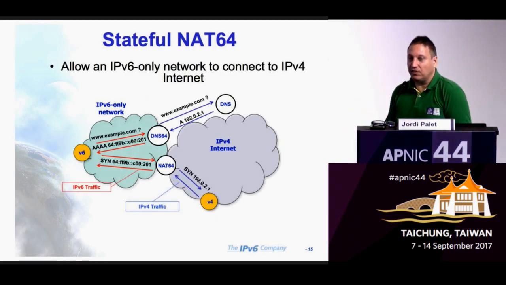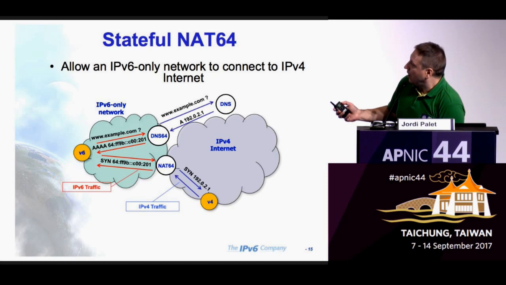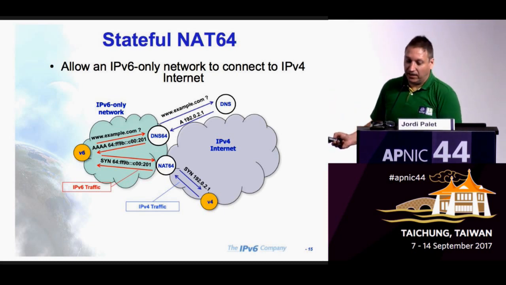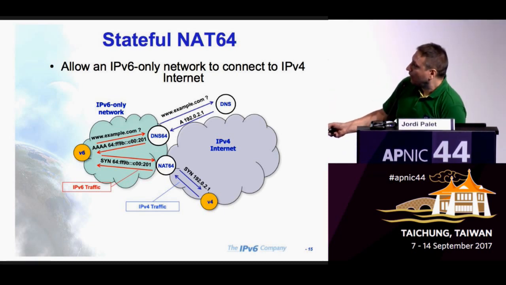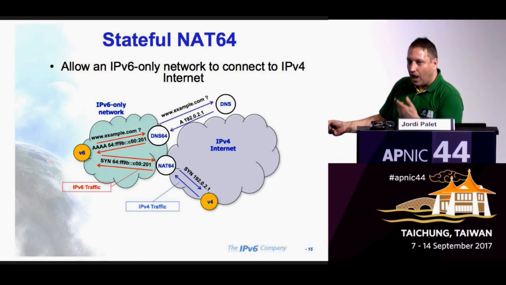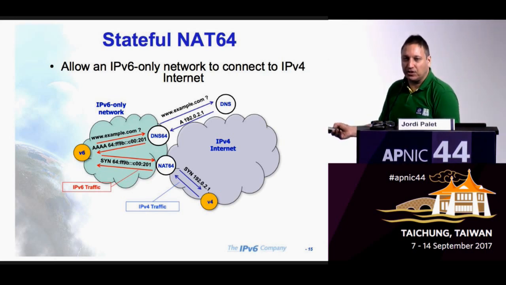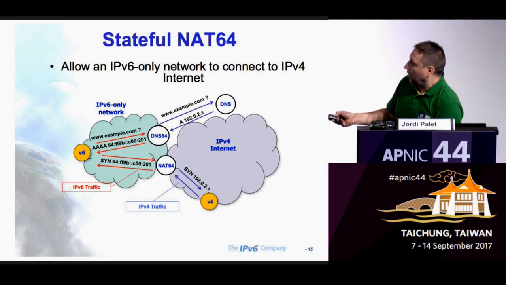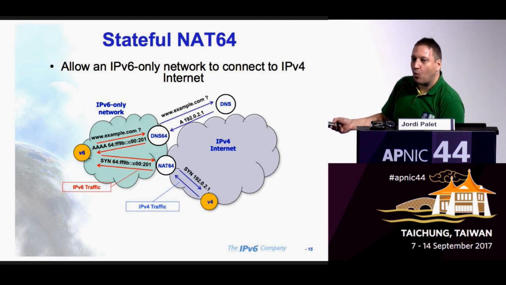How does this NAT64 work? What happens basically is that the V6 node wants to access a device which is IPv4 only, and then it will request the DNS for this device, and because the DNS has this DNS64 functionality with the synthesis, instead of returning the A record, it will convert the A record to a quad A record.